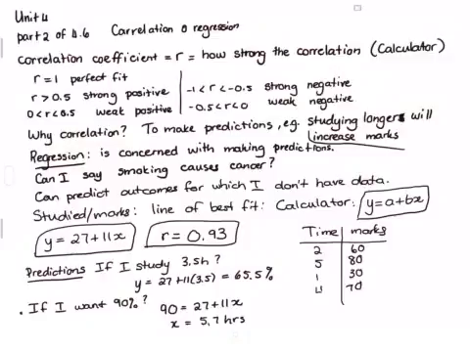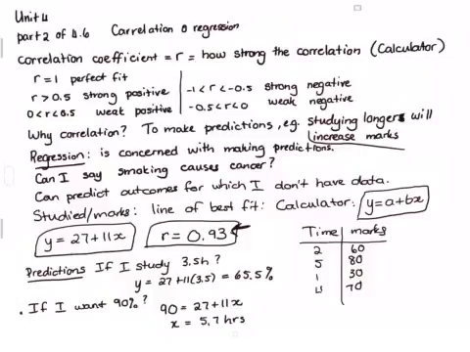So the outcomes for which I don't have data, I didn't actually find a student who studied for 3.5 hours. But because my line of best fit is a good fit, because of this R value being strong, close to 1, I can go and guess that that is a very close answer.